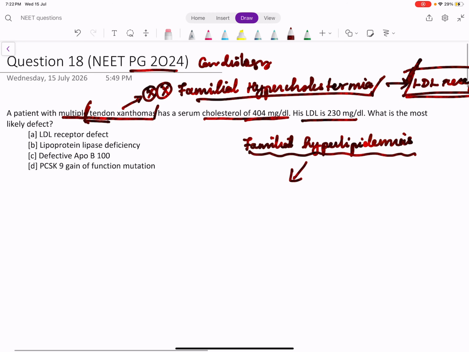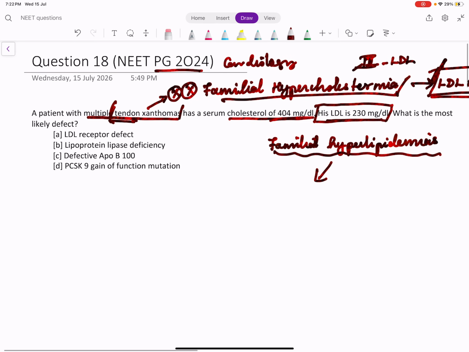It's like a one-liner. Suppose this tendon xanthoma is not given, and they are only giving the value of LDL. Remember, I told you 5 different types of hyperlipidemia. In that, familial hypercholesterolemia is type 2, and in that LDL is high. I'll show you the chart shortly.